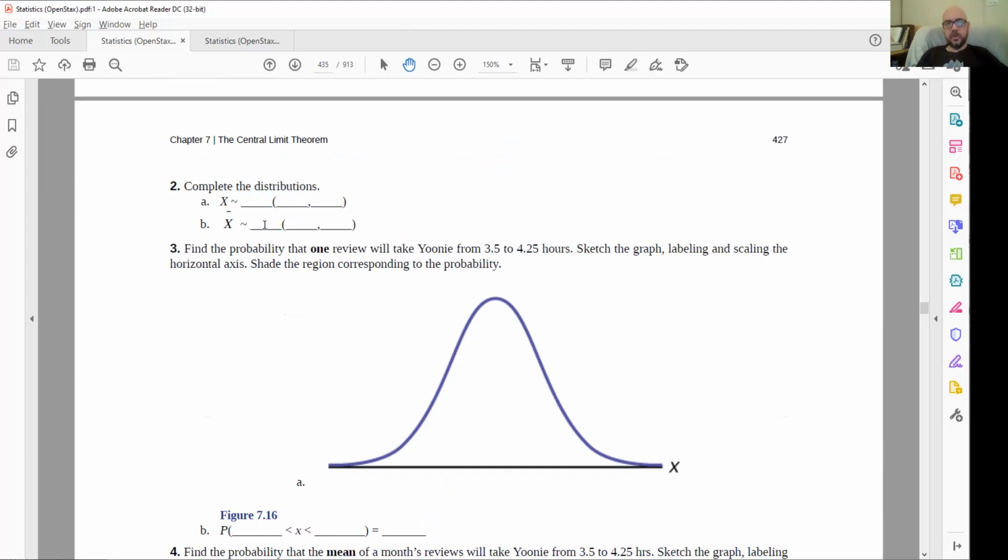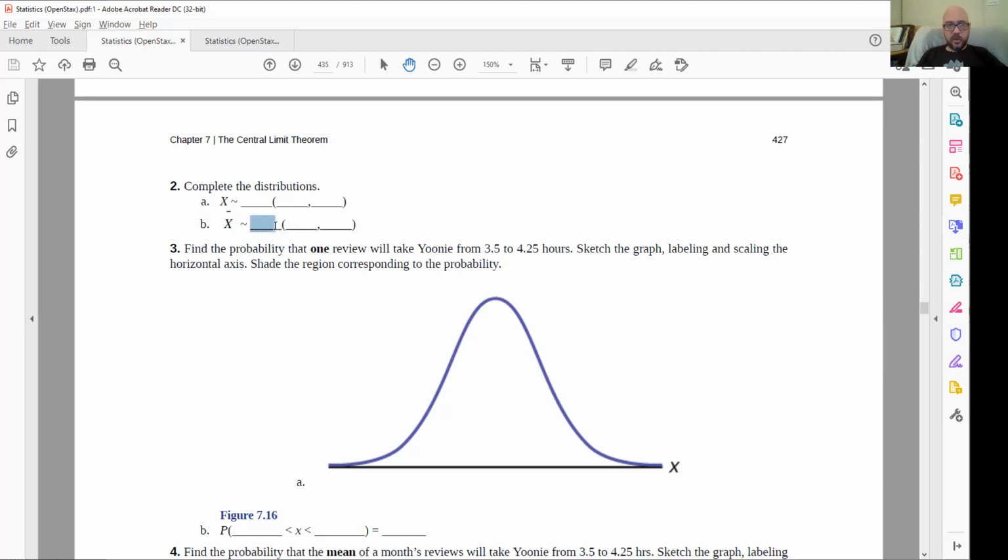That's what goes here. X bar, normally distributed. The central limit theorem still tells us it's normally distributed if we meet at least one of the two requirements: either the population is normally distributed or the sample size is large. The sample size here is not large; we want to be over 30 to count it as large. But the population is normally distributed, so we don't even need that.